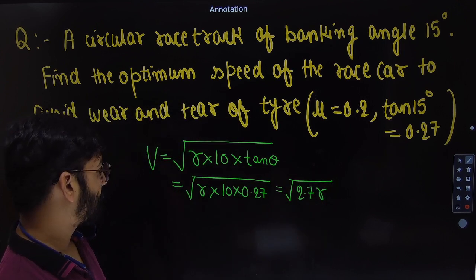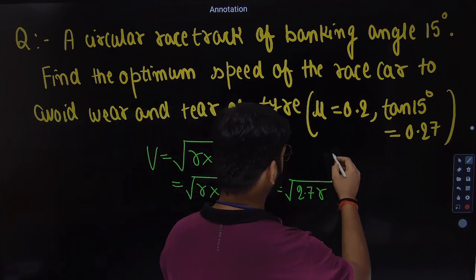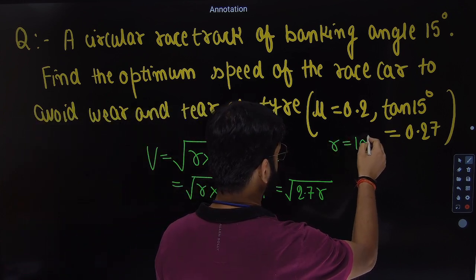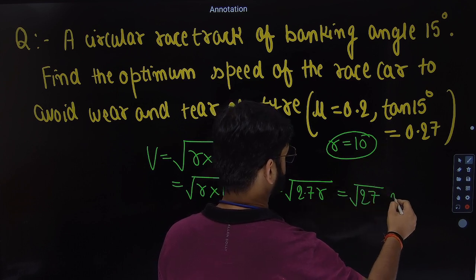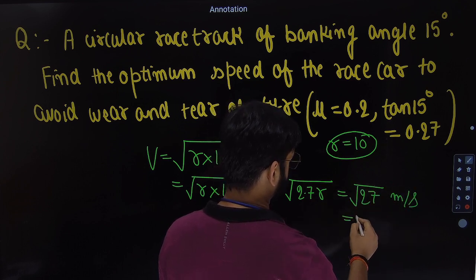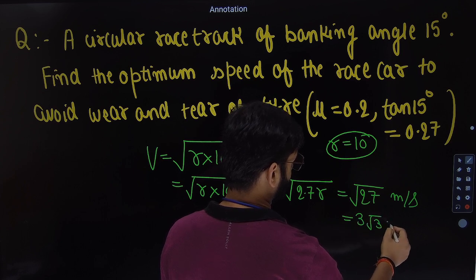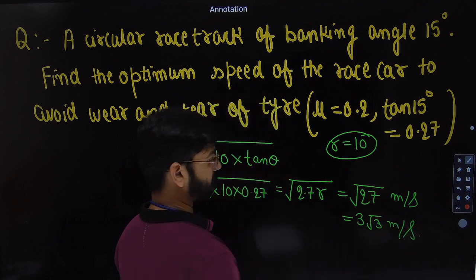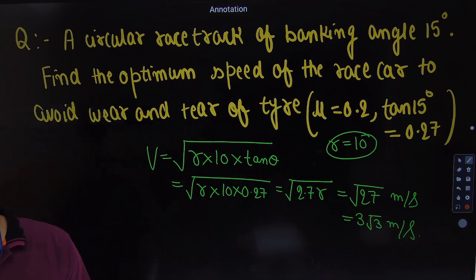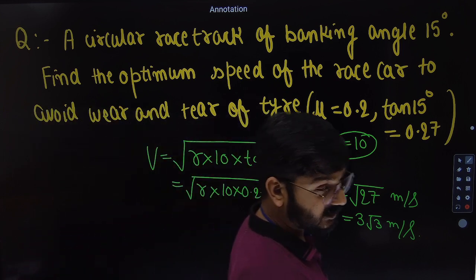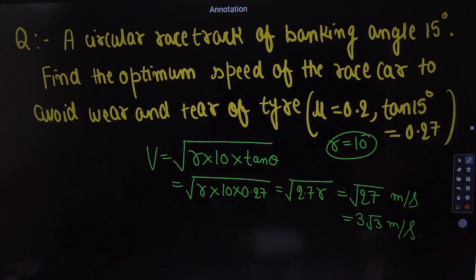What value should I give? Take R as 10. Root 3 is how much? 1.7. So answer will be approximately 5.1 meter per second.